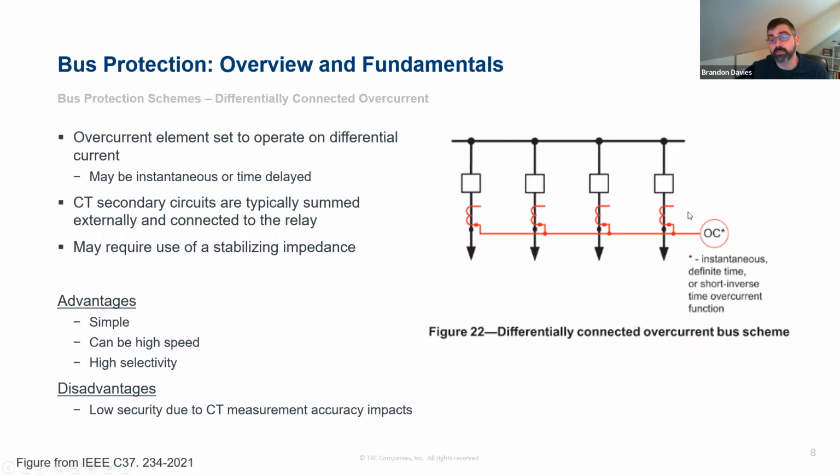And if that happens, you start to have differential current show up for cases where you don't want it. And that can cause a misoperation of your bus protection for a fault that it shouldn't operate for. It could be a fault out on one of these lines or transformers connected to the bus.